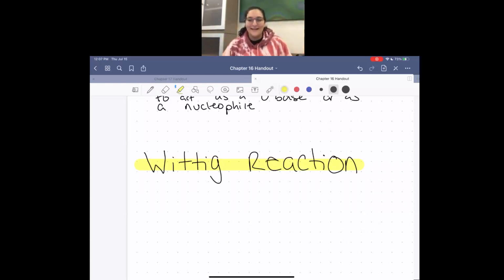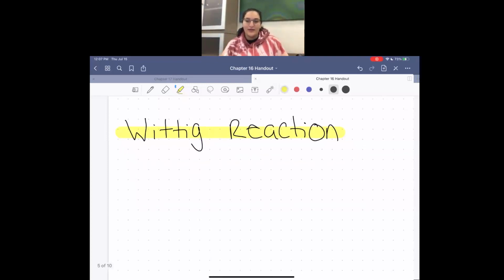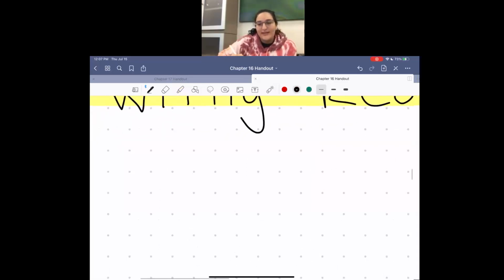Okay, so the first part of the Wittig reaction is actually making the Wittig reagent, and we call that the ylide.